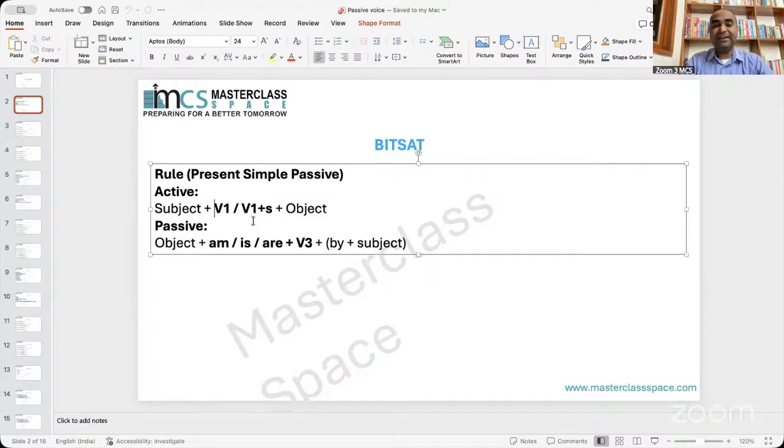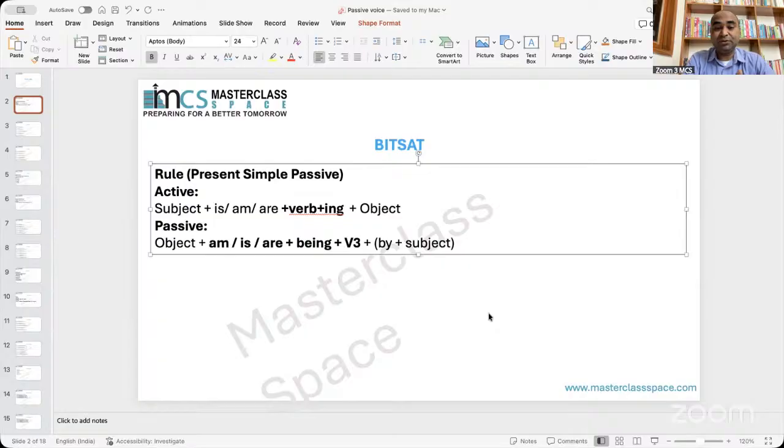Subject, and then is, am, are, and you know that verb plus ing, right? Verb ing. So this will be the structure. Fine. In passive voice, it will remain the same. The only difference will be that an extra being will be added. Okay. And that becomes passive voice.